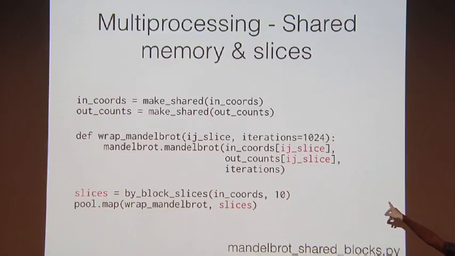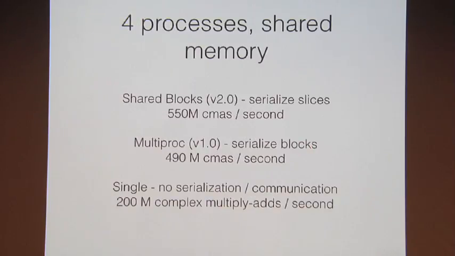And then we just use the ij slice in the wrapper function, right? So we've reduced our serialization cost significantly. We've gone from 400 by 400 complex numbers down to 6 integers, right? Great. Big step up, yeah?